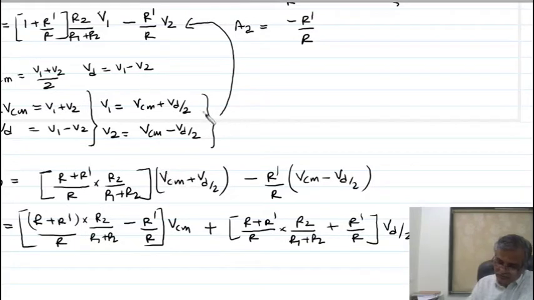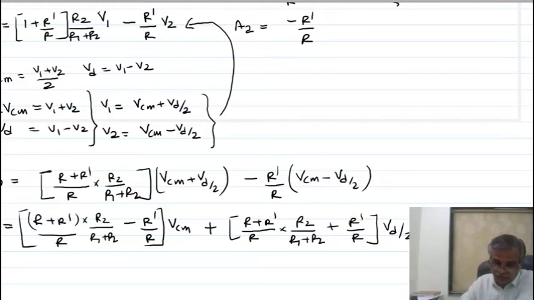See, instead of V1 I have written VCM plus Vd by 2, and V2 I have written VCM minus Vd by 2. Now I have taken VCM common. What is left is R plus R' by R into R2 upon R1 plus R2 minus R' by R. Then I have taken Vd by 2 common, so this term, minus minus plus, this term will be left.